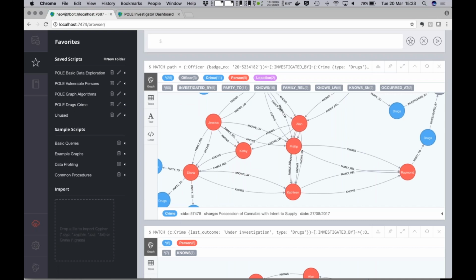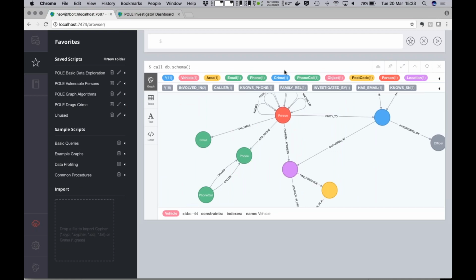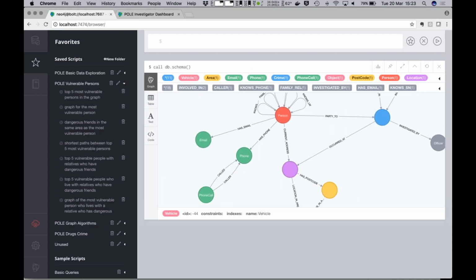Okay, so now we're going to move on from looking at drugs crimes to looking at some queries around vulnerable people. So this is more along the lines of the social services child protection use case that we mentioned at the beginning.